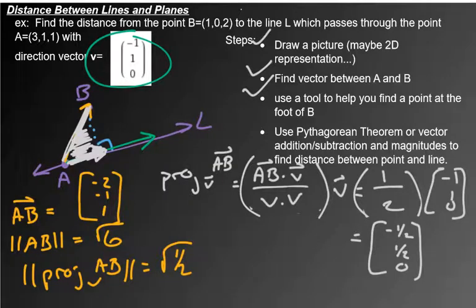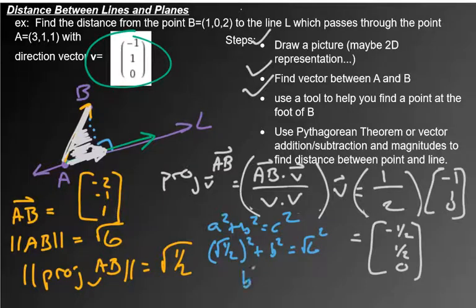And then you can really just do a squared plus b squared equals c squared. So if you do the square root of 1/2 squared plus, I guess we'll call this b squared, equals square root of 6 squared. I'm just going to use a calculator now.